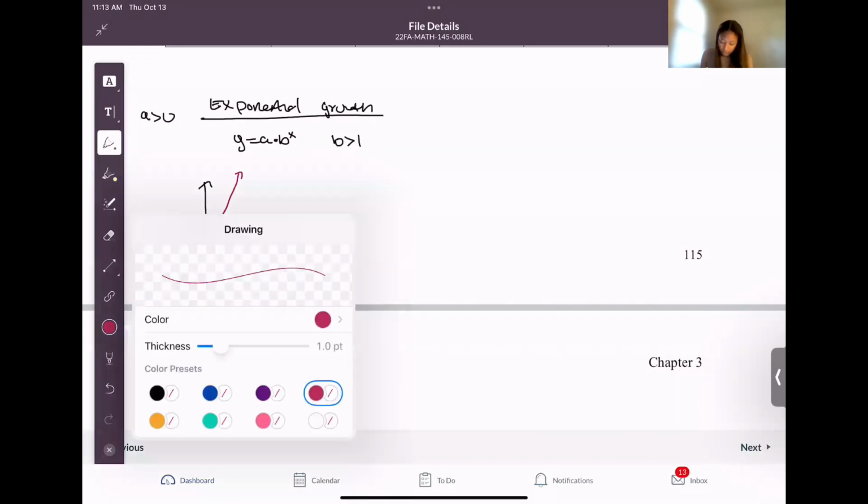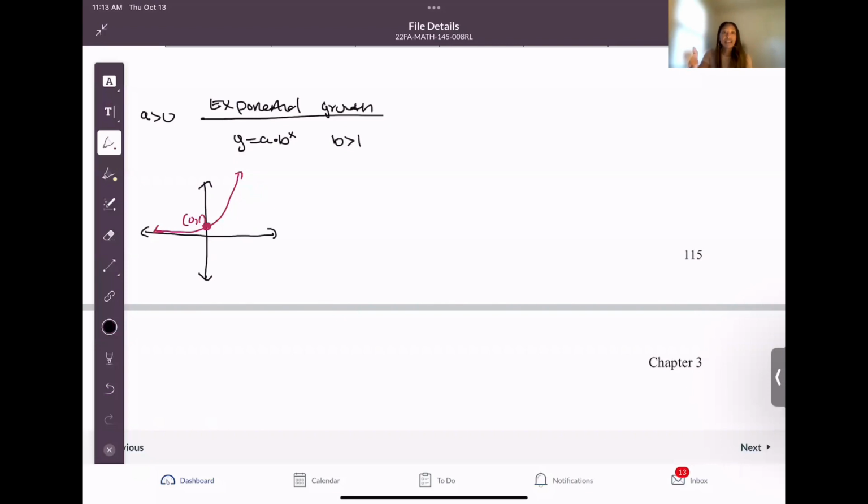So for 2 to the x, 5 to the x, 1/2 to the x, 1,000,000 to the x, it'll have this shape. The y-intercept will be at 0, 1. We have a horizontal asymptote. Now, this is very important. The horizontal asymptote is a line. It's a horizontal line.